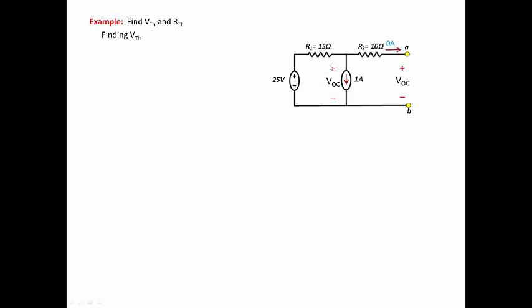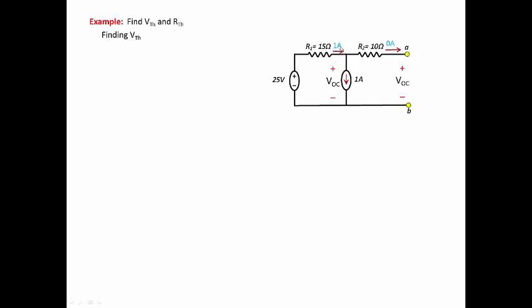So you would expect the current going through R1 to be 1 amp, because if you sum the currents at this node, you have 1 current going in and 0 current going out, so this current and that current are equal.